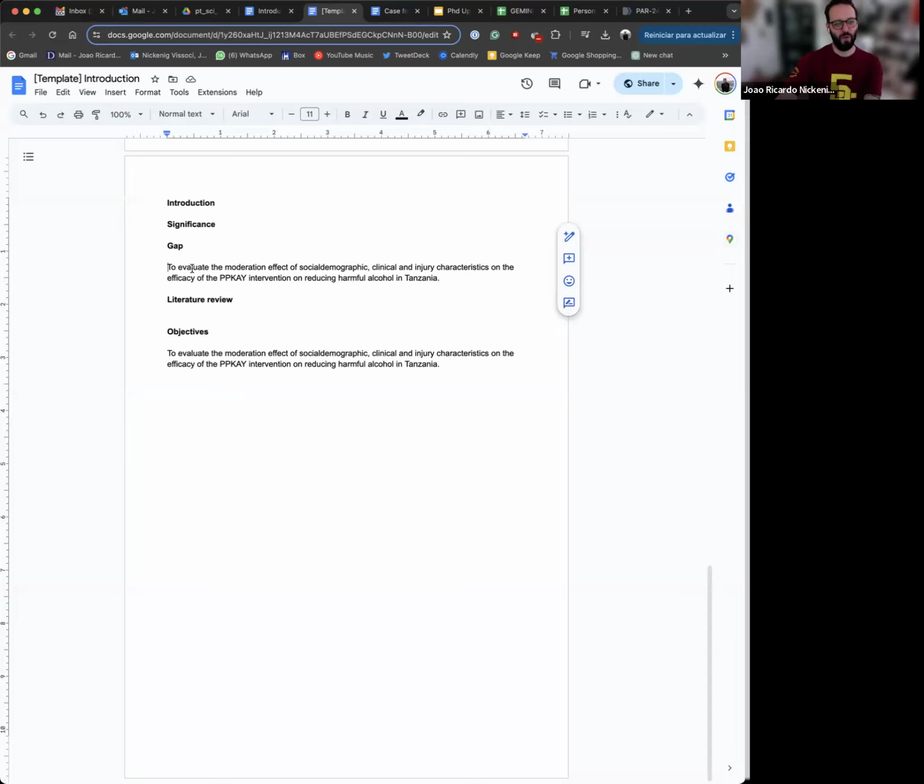So the argument here is that there's this intervention to improve alcohol use in Tanzania, but there are some conditions or some characteristics that might influence how this intervention is impacting harmful alcohol use, and we don't know that. So that's what the gap's going to be. I'm going to write something up in the structure of a gap, and then we can always wordsmith.